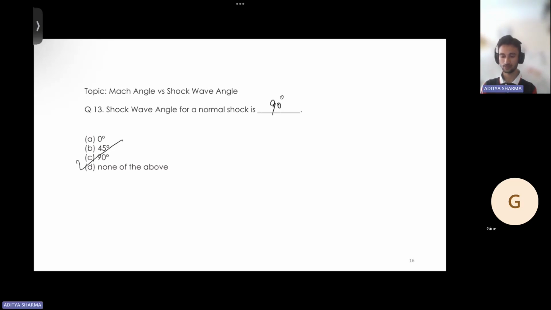We'll try to solve these 3 questions. Okay, first question is theta beta M relation. Then second question is, okay, this is Prandtl-Meyer. Third question would require a discussion.